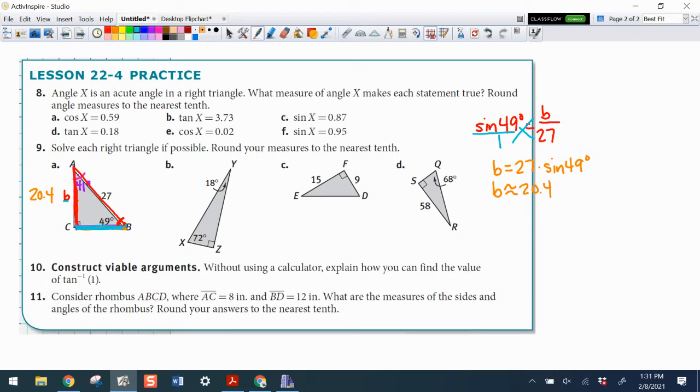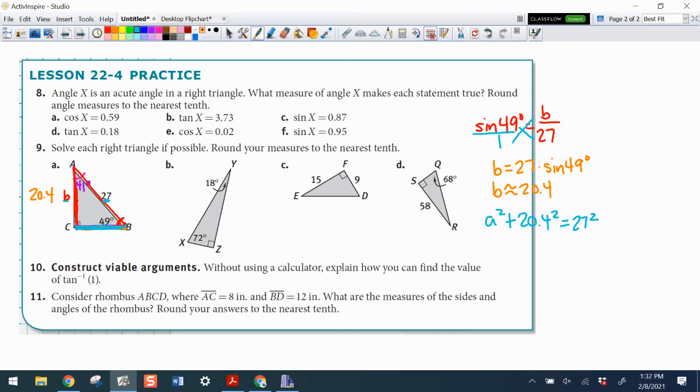As long as 27, this length of AB, is the hypotenuse c. So it's a squared plus 20.4, which we call b, squared, equal to c squared, which we already know is 27 squared.